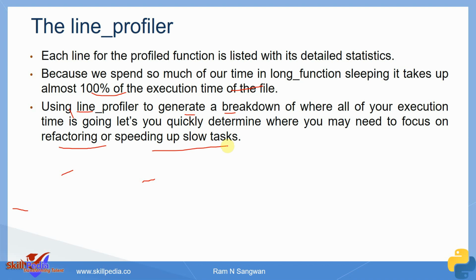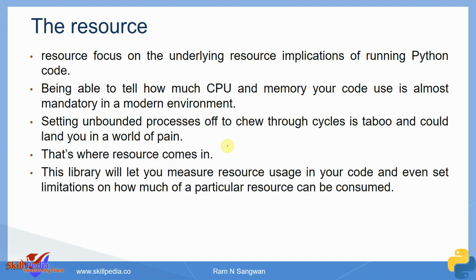So this gives you the understanding of the speed and performance part of your program: where my program is going slow, which call, which line is taking more time in the execution, and then you can focus on and optimize it.